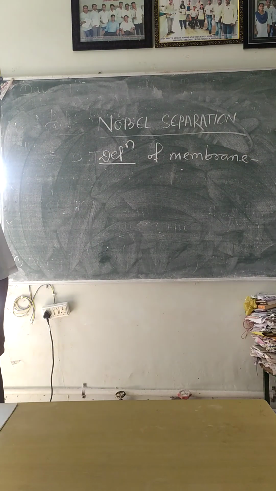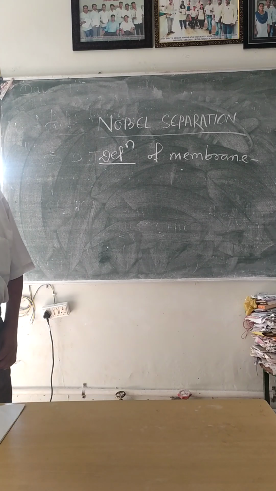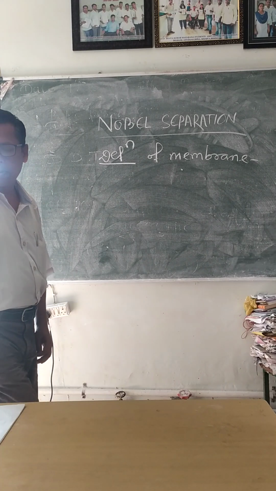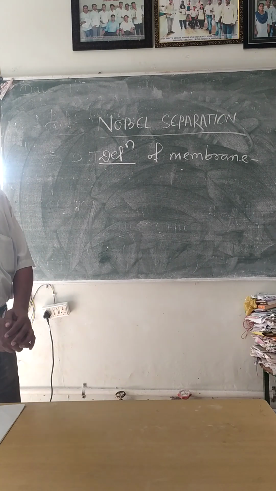A membrane is a selective barrier. It allows something to pass through but stops others.